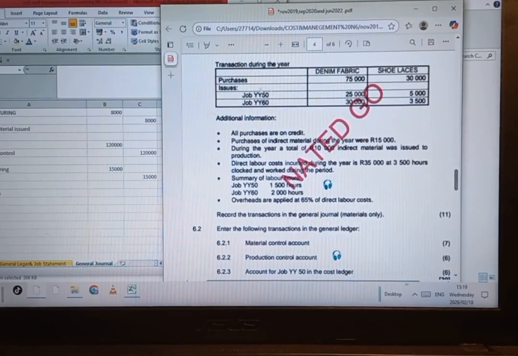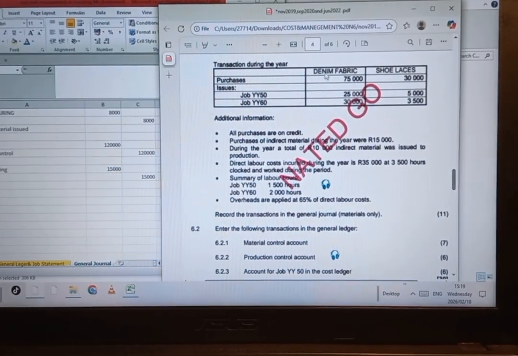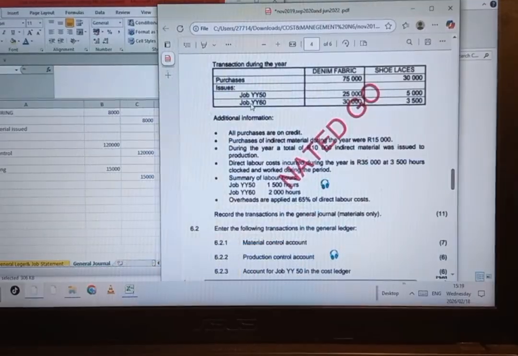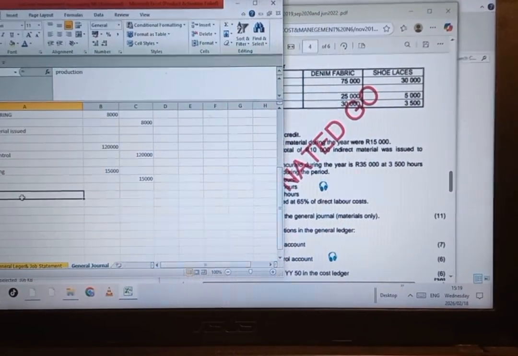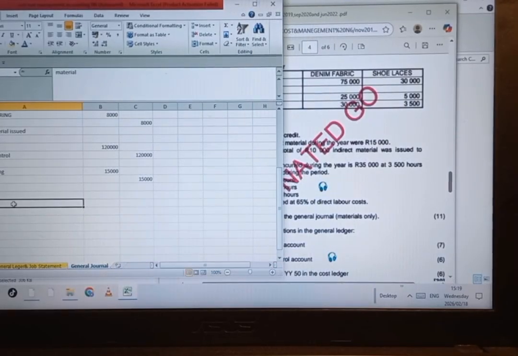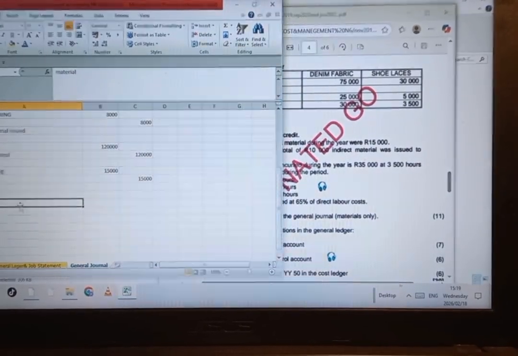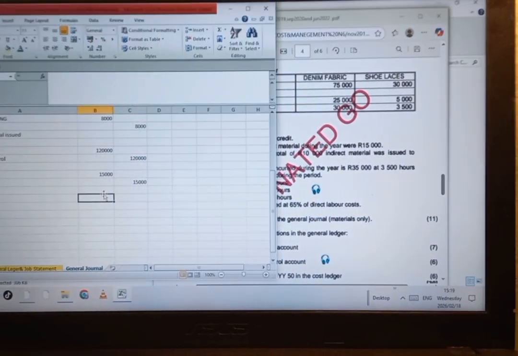And also, guys, material issued, here we have the material issued, which is a direct material, meaning the account that will be debited is production control, and the account that will be credited is material control. Make sure that you make your calculations.